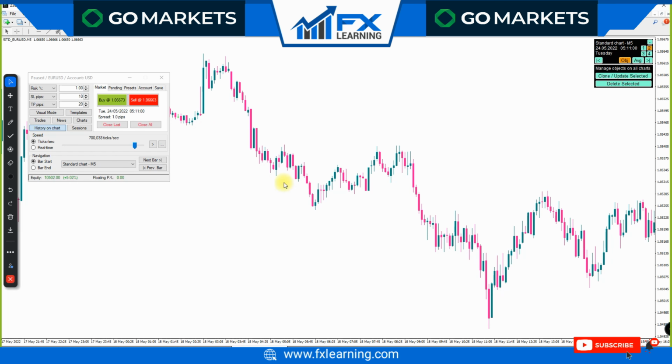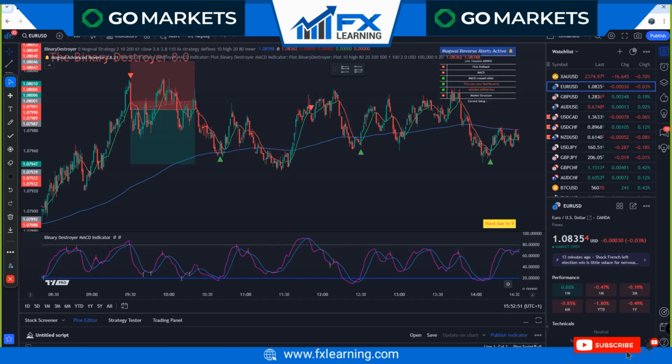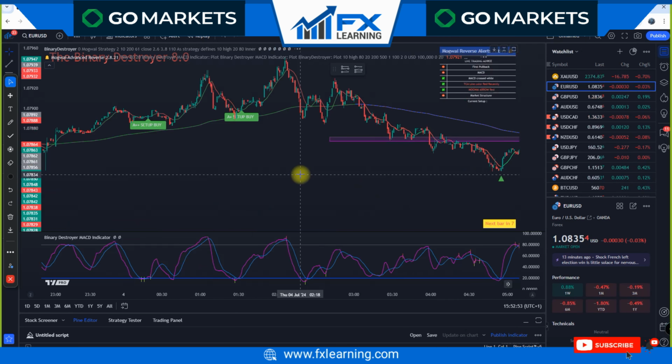So that is basically an introduction to how to identify the trend. The main thing that I want you to take from this is, first of all, trade with your eyes. Trade what you can see. Let's just end it with a Mogwai reversal setup.